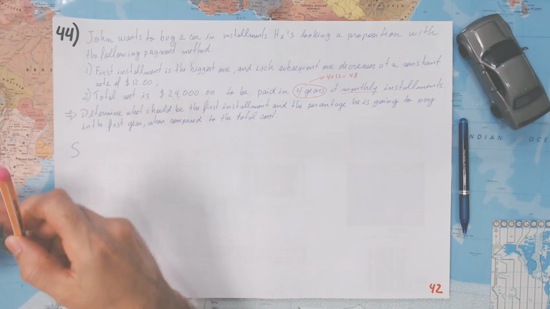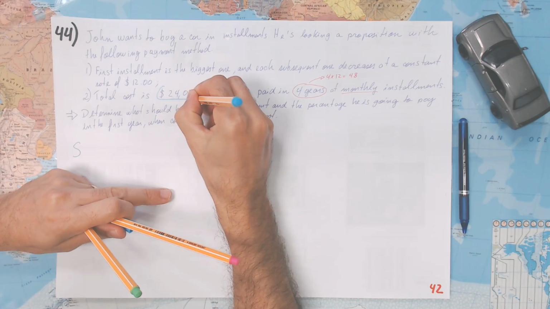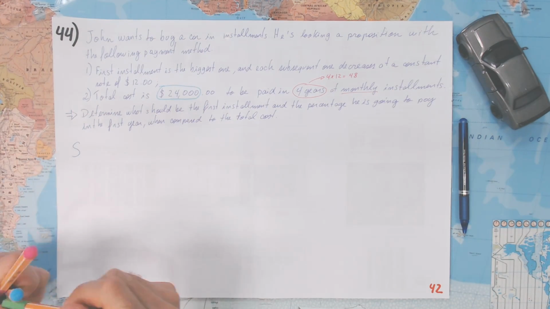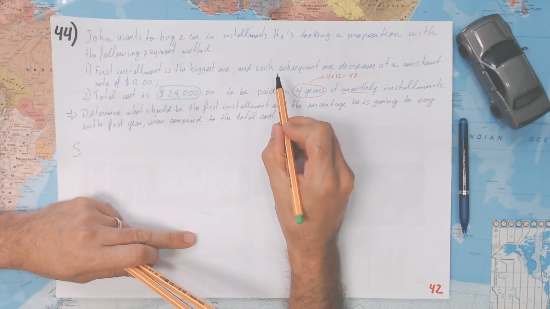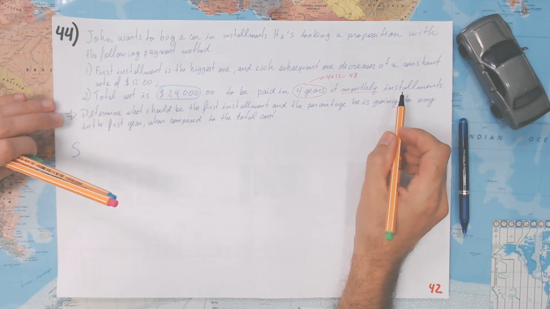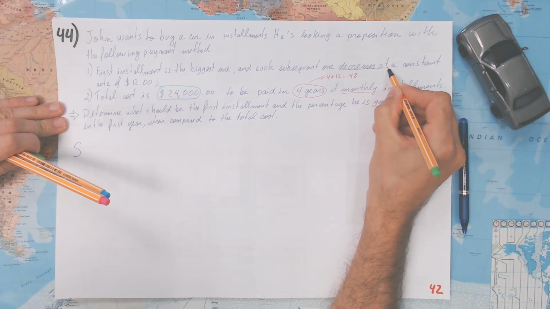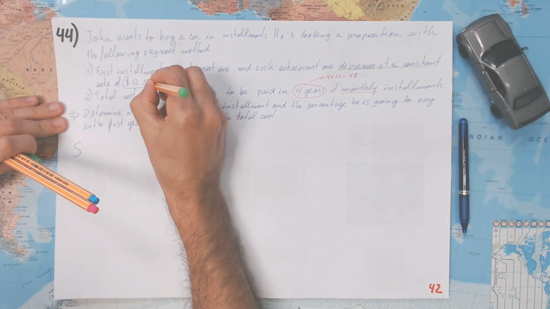What else do we have? Well, we have this information that the total costs 24,000, and we also know something very important: how much each installment is going to decrease, because they are not constant. They're going to decrease monthly at a constant rate of $12.